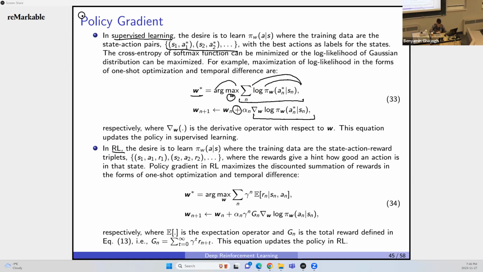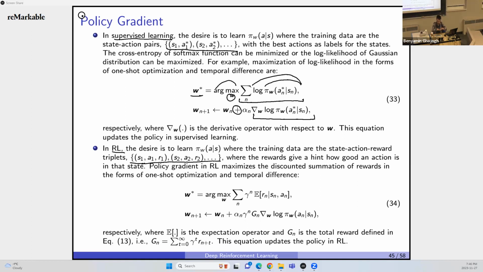Okay. Now, in reinforcement learning, rather than pairs of a state optimal action, what do we have? Do we have optimal action in reinforcement learning? We don't have optimal action, right? Otherwise, the problem would be solved, right? So what we have as training data in reinforcement learning is a state, action, reward.